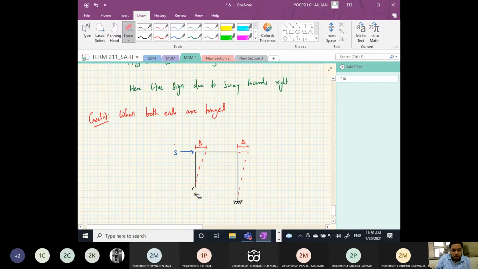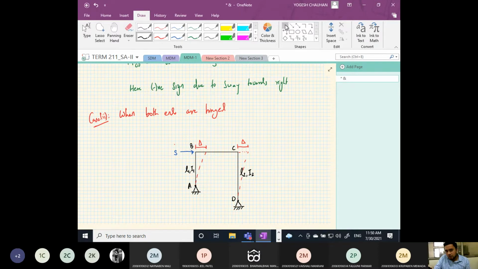So let us say this is hinged here, this is hinged here, same, let this be L1 and I1 for this, and this be L2 and I2 for this member. Let this be A, B, C and D.